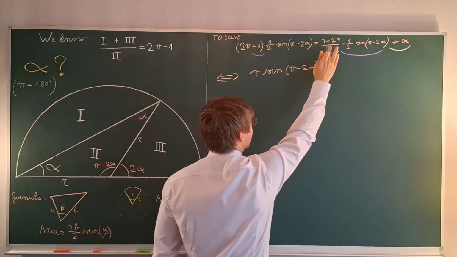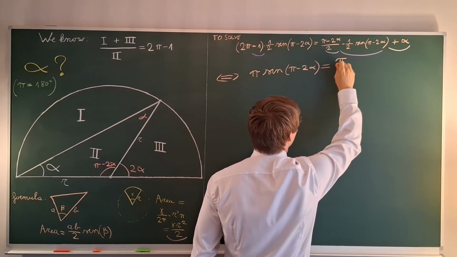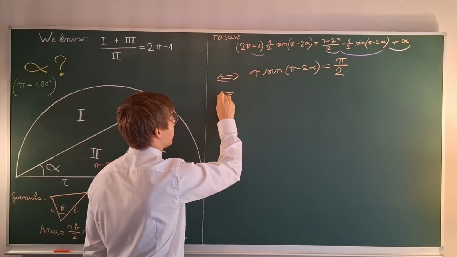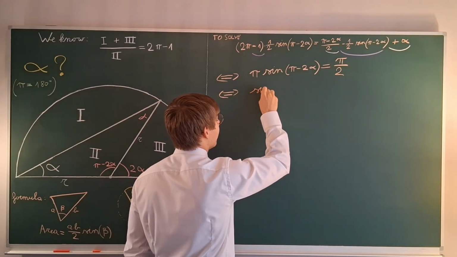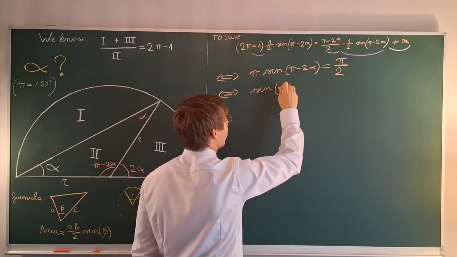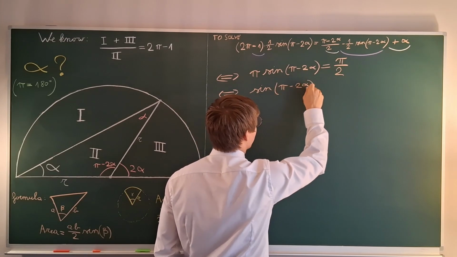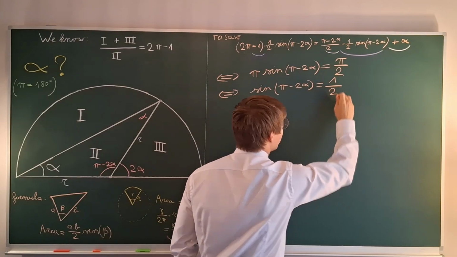And what is left on that side is exactly pi over 2. So this gives us that we need to solve for sine of pi minus 2 alpha is equal to 1 over 2.